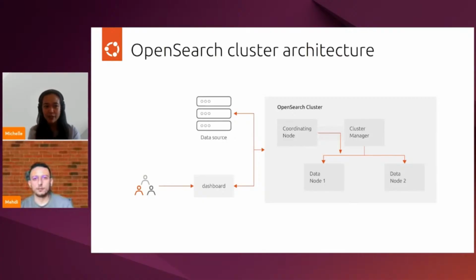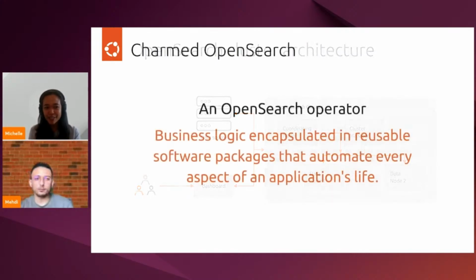And if you look at how it is structured, it might be really hard to operate such a complex data architecture. And I think that's where I'm coming in now with the project that we've been working on at Canonical, which we call Charmed OpenSearch, which is actually an OpenSearch operator.